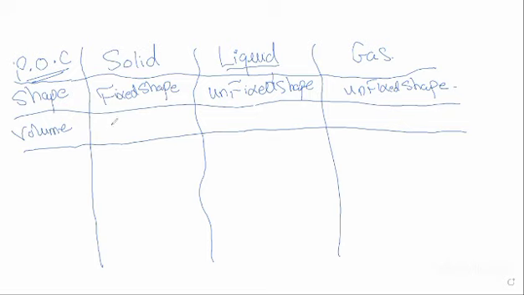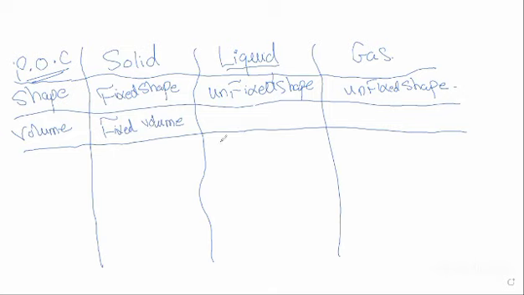So it will also have a fixed volume. The solid has a fixed volume. Something that cannot change its shape, of necessity, does not change its volume, because no particles can move from their places to another place. So the volume will be kept constant.